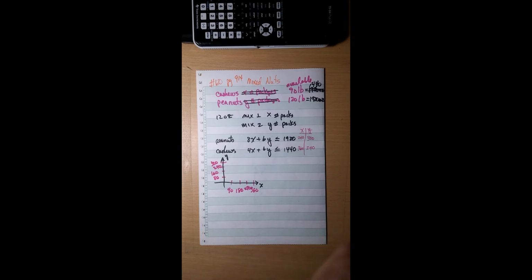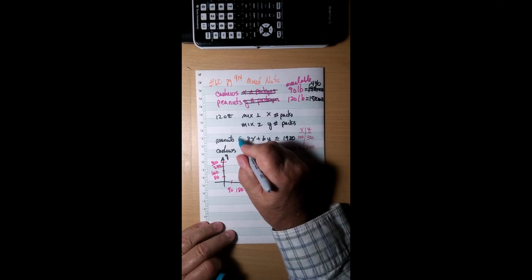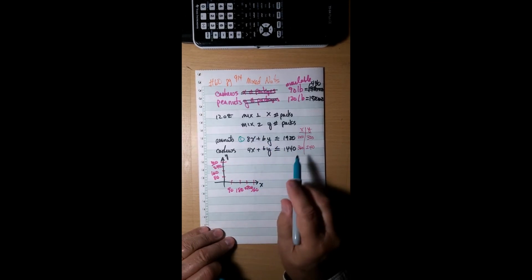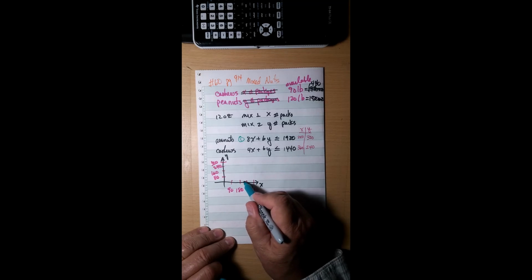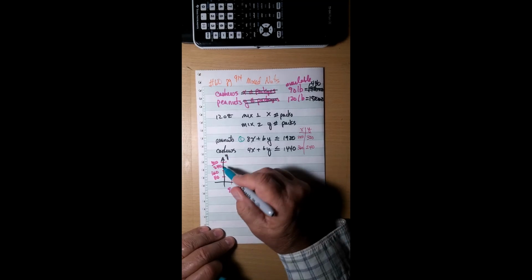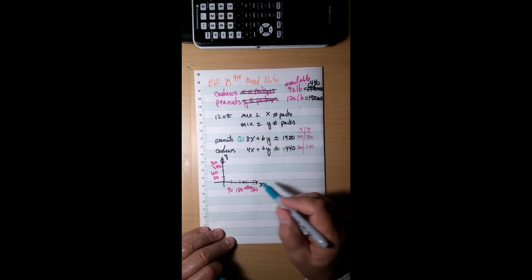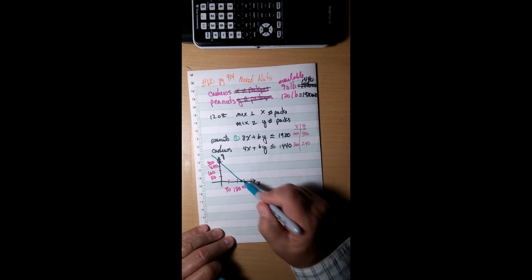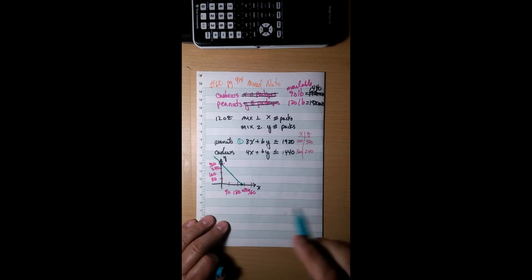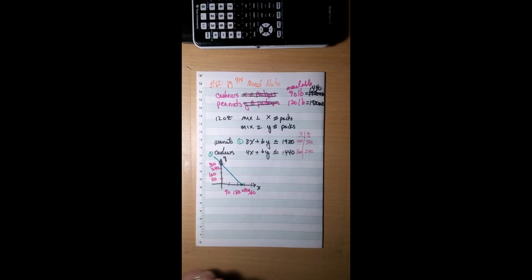Let's graph peanuts. 240 on the X, that's around here, and 320 on the Y, that's here. Okay, that's graph 1.